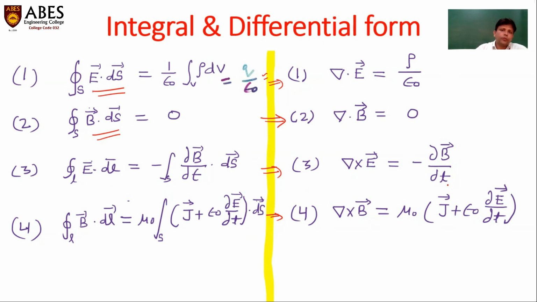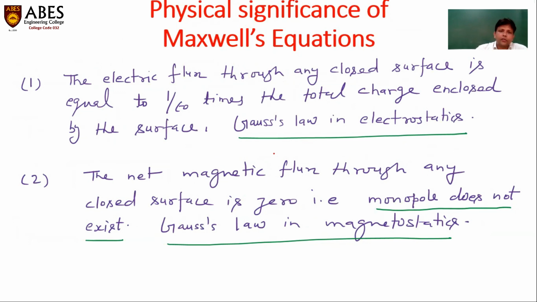The first equation says the electric flux through any closed body is equal to 1 upon epsilon naught times the total charge enclosed by that surface. This is known as the Gauss law in electrostatics.